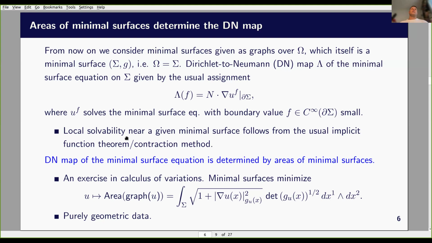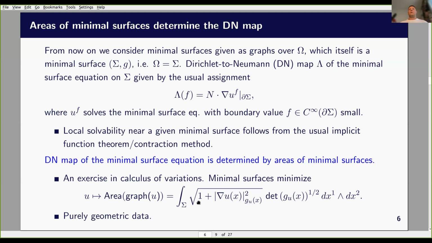An interesting fact about the DN map of the minimal surface equation is that it is actually also determined by just areas of minimal surfaces. To see that, it's a relatively easy exercise in calculus of variations, and that's because minimal surfaces minimize this kind of functional.